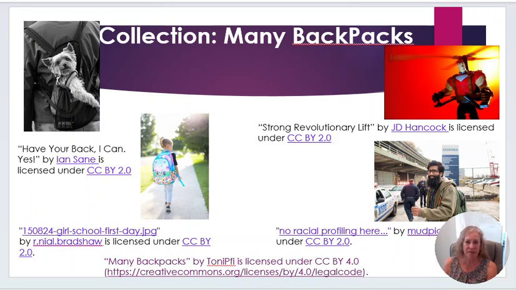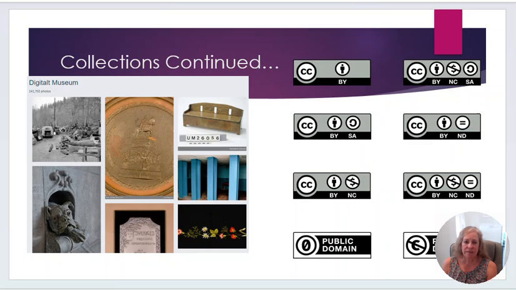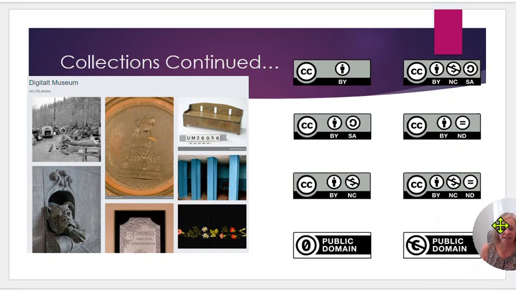Here's another collection, which is an existing Creative Commons collection, the Digitalt Museum Collection. In this collection, they utilize content under all of these different licenses: the public domain, CC BY, CC BY SA, CC BY NC, CC BY NC-SA, CC BY ND, and CC BY NC ND.